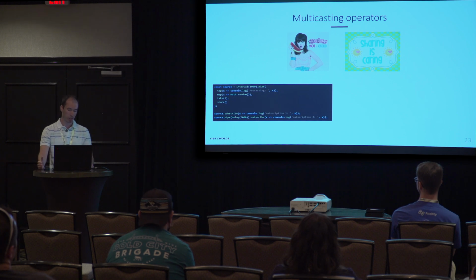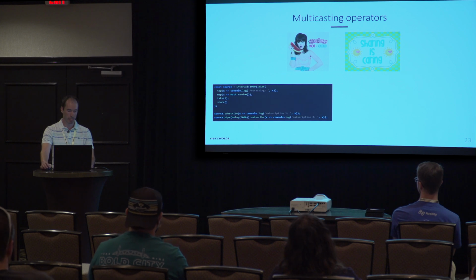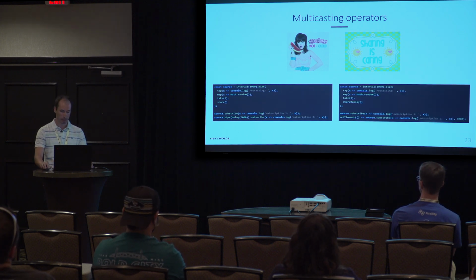And now the next question is what happens if we have multiple subscribers, but not all of those subscribe at the same time, and we would also like to obtain the same behavior. Then we would need to use a different operator, and that is the share replay. So this is heavily involved in subjects. As we see here, we have set a timeout on the subscribe function.